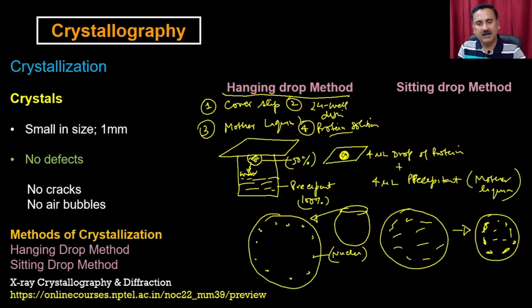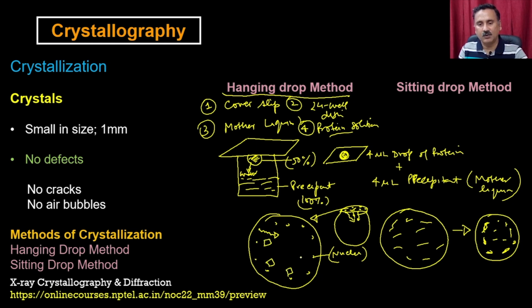Now these nuclei are going to swim into the center. You can imagine that the nuclei develop here, and then they go and swim into the liquid. Once they swim, they start collecting the protein molecules, and eventually they form the crystals, right?